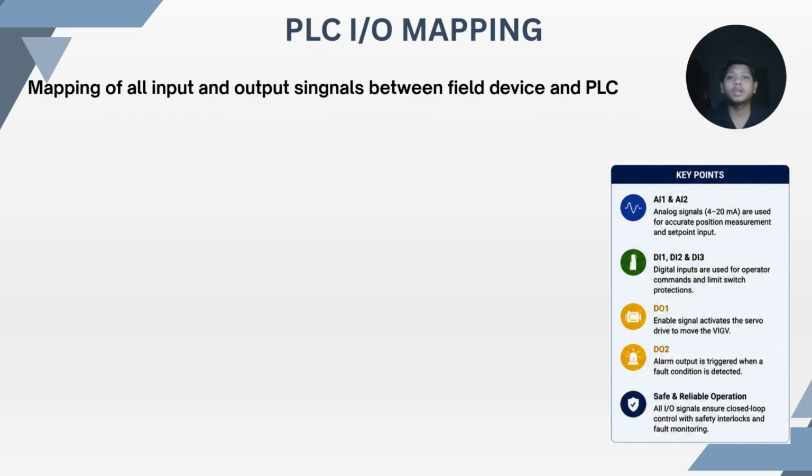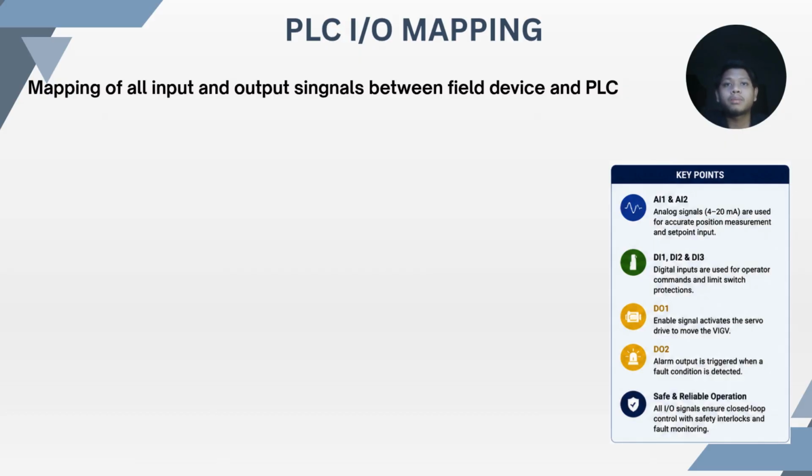The analog inputs include AI1, which receives the desired VIGV angle from the master controller, and AI2, which receives the actual VIGV angle from the rotary encoder as feedback. The digital inputs consist of the HMI start-stop command along with the open limit switch and close limit switch, which are used as stop protection to prevent the VIGV from exceeding its operating range.